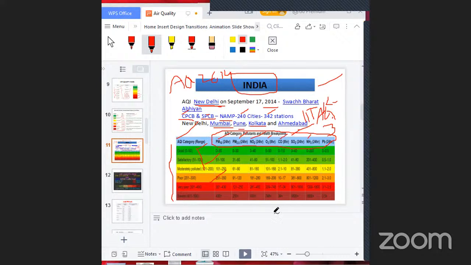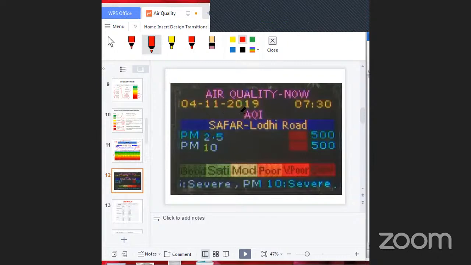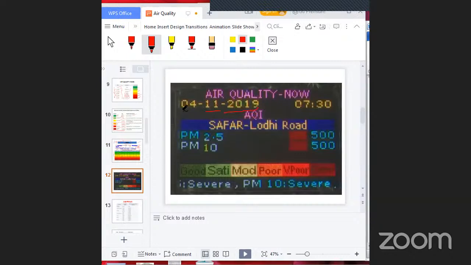For example, you can observe here, in New Delhi on November 4th, 2019, the PM2.5. How much do you see here? 500. 500 means it is very, very severe.